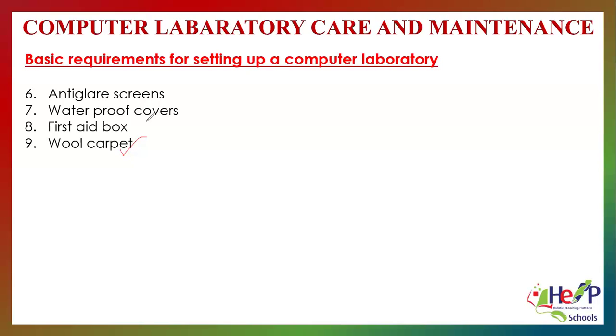One of the items could be the keyboard. When it falls down, it is easier for it to land than when it is not having any carpet. But the main reason for a woolen carpet is to protect or to prevent dust from reaching these computing devices.